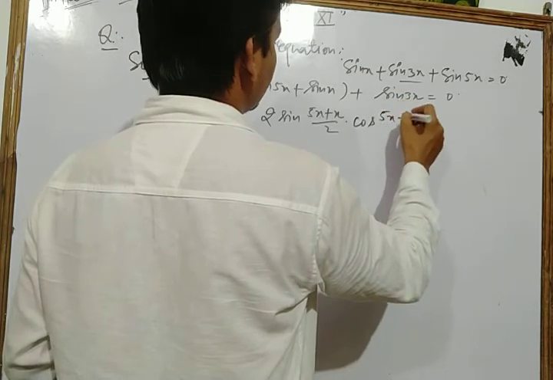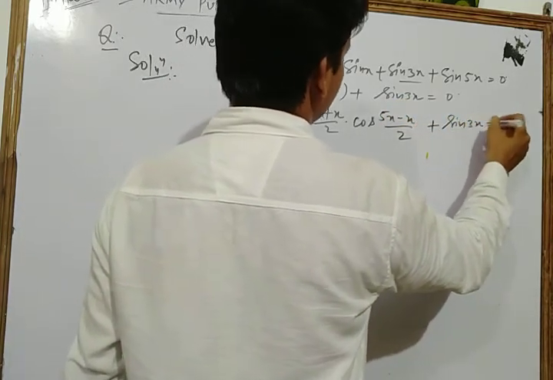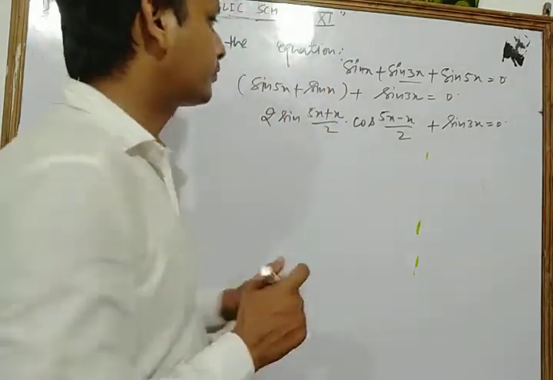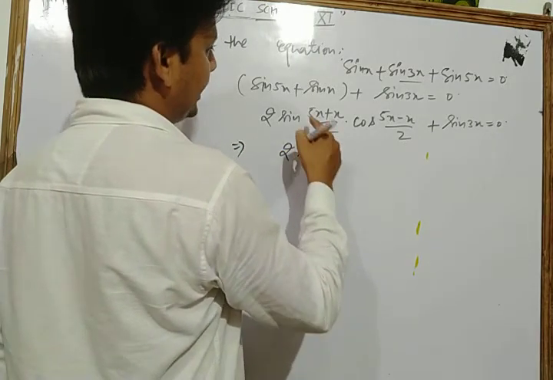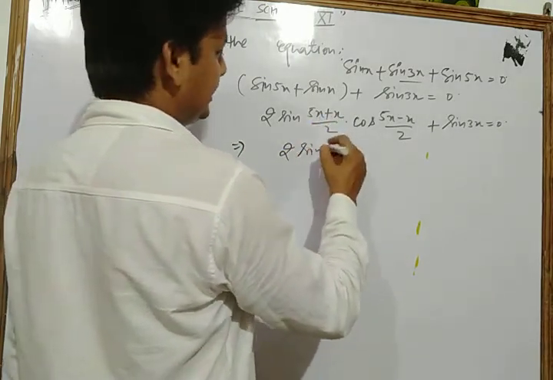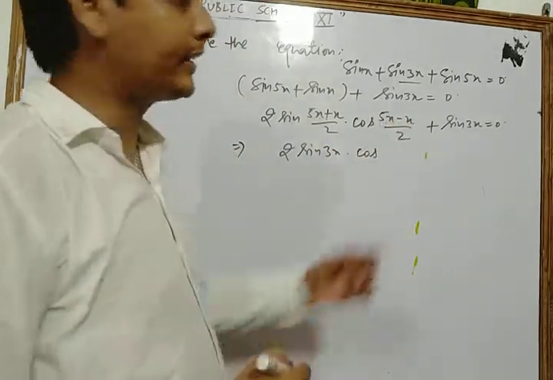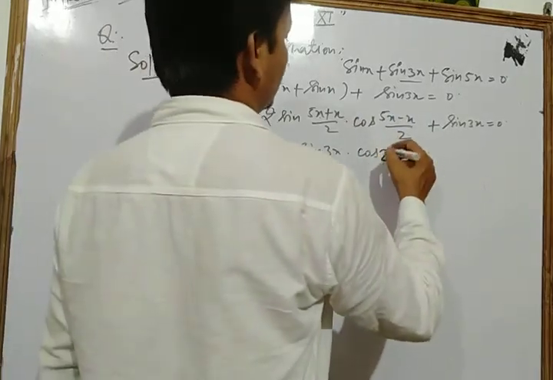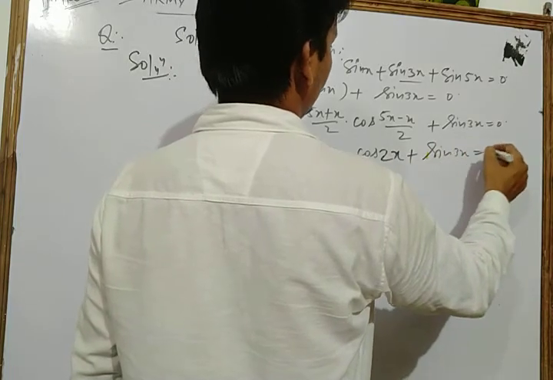Here that gives 2 sin 6x by 2, that is 3x, into cos of (5x minus x) by 2, that is 4x upon 2, which is 2x. So we get 2 sin 3x cos 2x, and here we write sin 3x as it is, equal to 0.